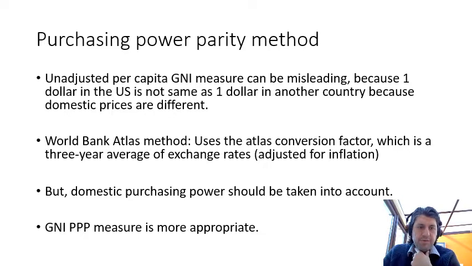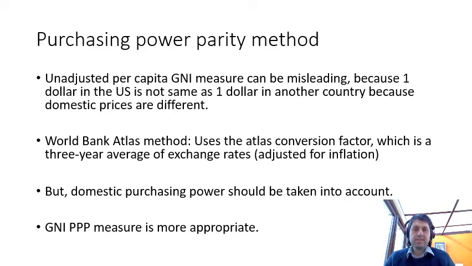Now, one of the difficulties, of course, is that we need to be able to compare incomes, output, all of these economic indicators across countries. But what's difficult is that currency doesn't exactly translate. What that means is that $1 in the US or in the UK is not the same as $1 in Lesotho or in Bangladesh.